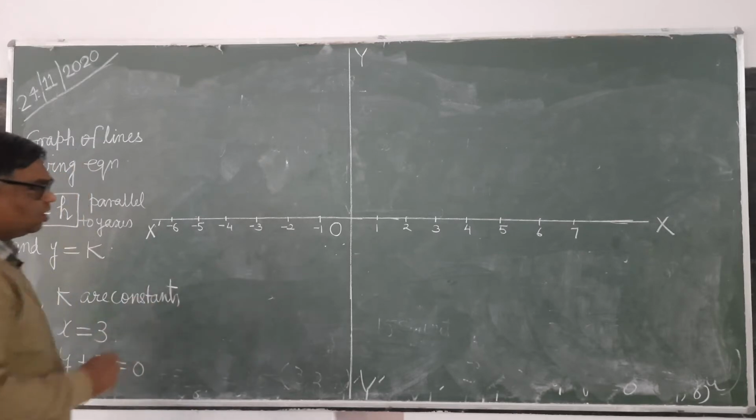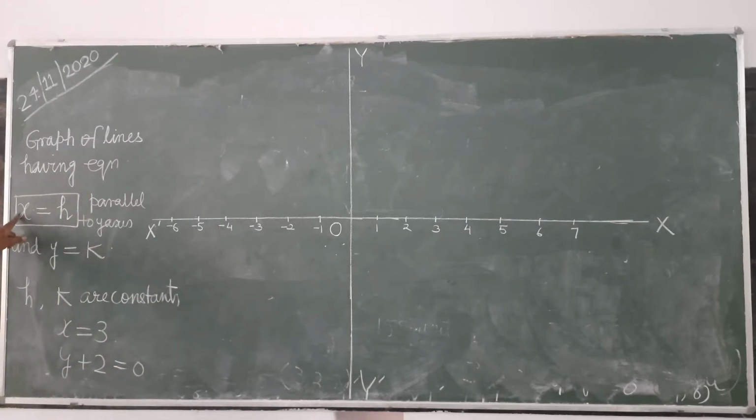You can see here, x equals h will be a line parallel to the y axis. What will be the perpendicular distance between the line and the y axis? It will be equal to h.